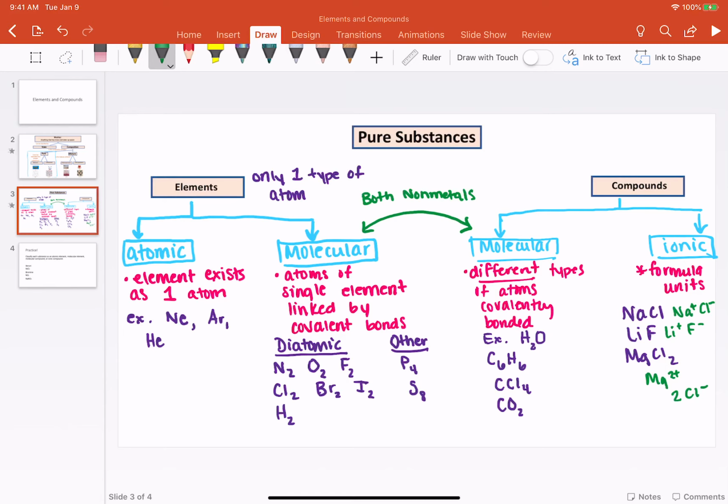On the other hand, these ionic compounds are going to be a metal and a nonmetal. So whenever you're trying to decide whether something is ionic or molecular, you want to look to see, is it two nonmetals or is it a metal bonded with a nonmetal?